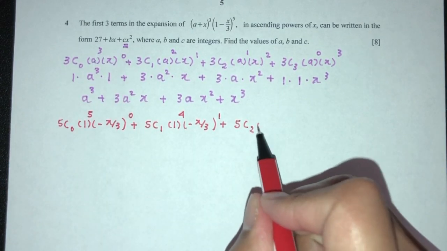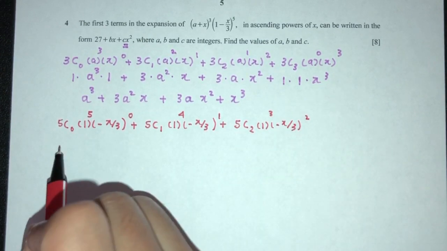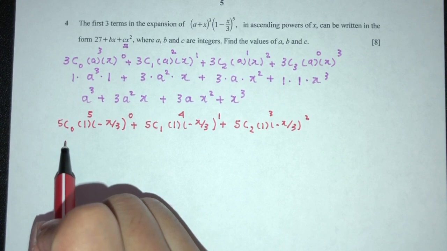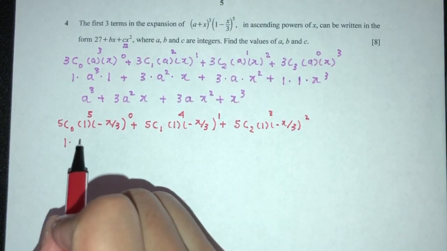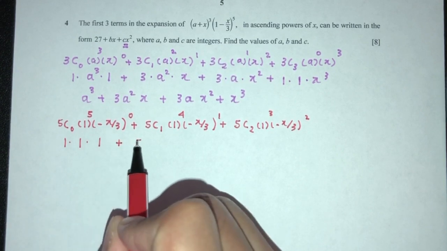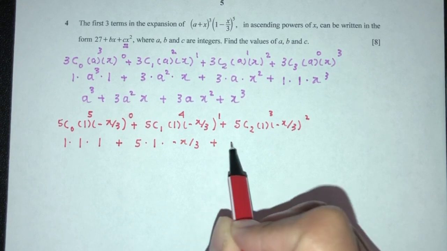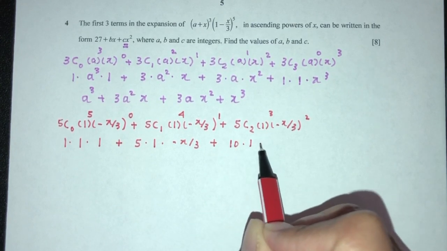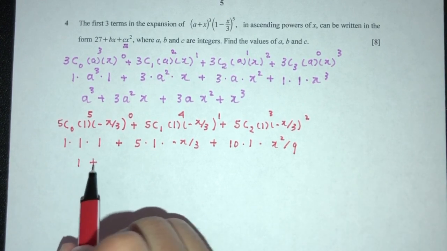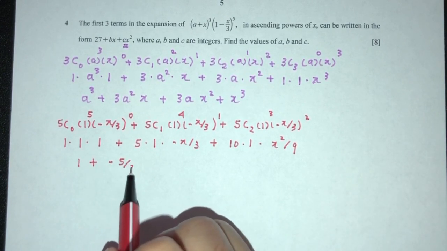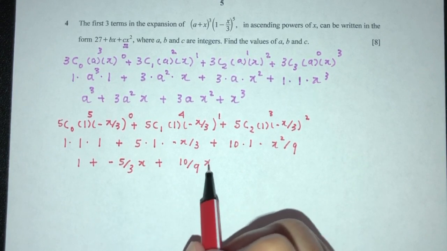That will be 5 choose 2, times 1 cubed, times minus x over 3 squared. That will be 5 choose 0, that should be 1, right? So 1 times 1 times 1, plus 5 times 1 times x over 3, plus 10 times 1 times x squared over 9. That will be 1 minus 5 over 3 x plus 10 over 9 x squared.